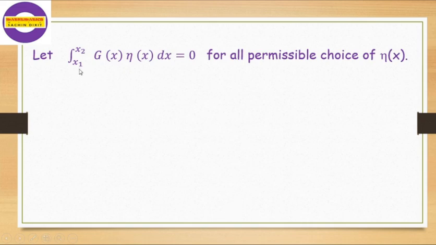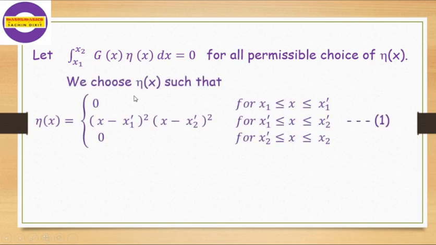Let the integral from x1 to x2 of g of x times eta of x dx be equal to 0 for all permissible choices of eta of x. We choose eta of x such that we make three intervals of the total interval x1 to x2. We divide this interval x1 to x2 in three parts: first x1 to x1 dash, second x1 dash to x2 dash, and third x2 dash to x2.